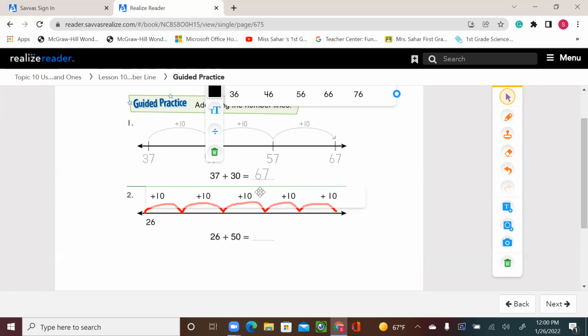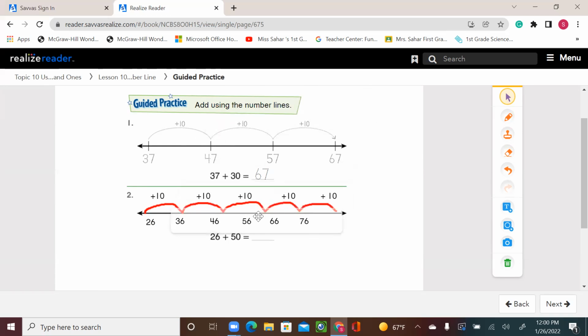Because I'm adding 50, which is 5 tens: 1, 2, 3, 4, 5. Okay, let's put my numbers down. So 26 plus 50 landed on 76. 26 plus 50 equals 76. So let's write down my answer, 76.